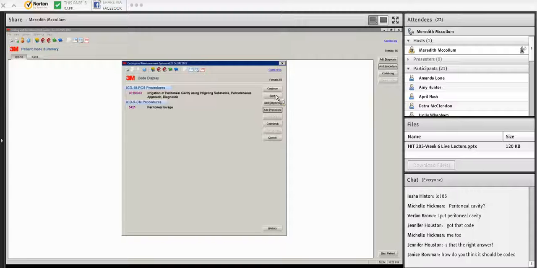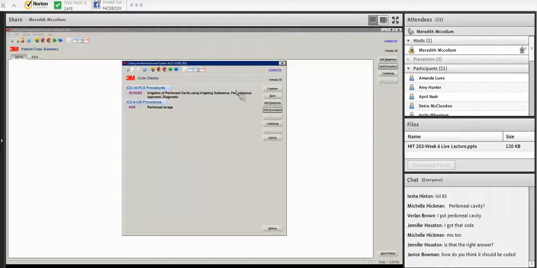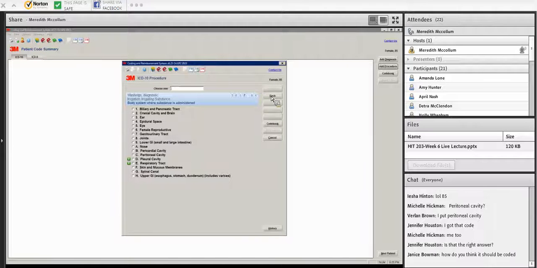Peritoneal lavage. Hold on. Oh, and it's only allowing, you know what? That's not going to work, because that's wrong. My code is wrong, because it has to be an open approach. And so, let me see.